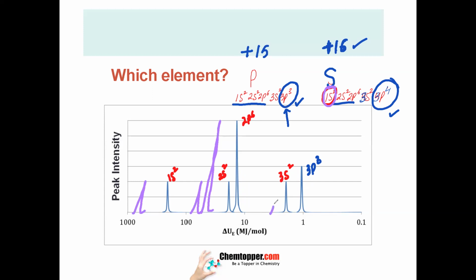This is 3s2 of the sulfur. But this one is on this side, 3p4. It needs less energy. Can you see how 3p4 has come on the left side? Oh, sorry, on the right side. The rest are all on the left side. Is it okay, children? You're understanding this?